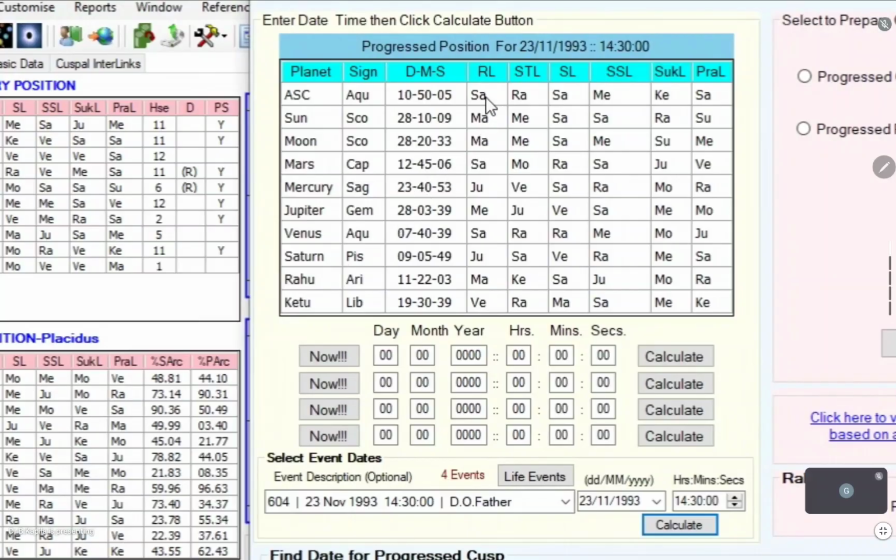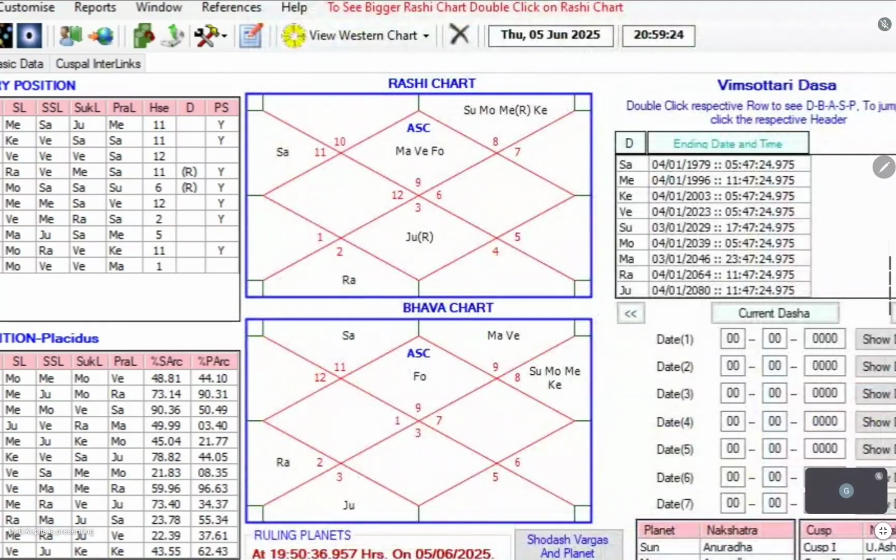Now in the present case, when the death of father happened, the ascendant progressed into the sign of Saturn, and when the death of mother happened, it was still in the sign of Saturn, of course at a degree which was different from that of the death of father. Therefore, we will have to check the ascendant.